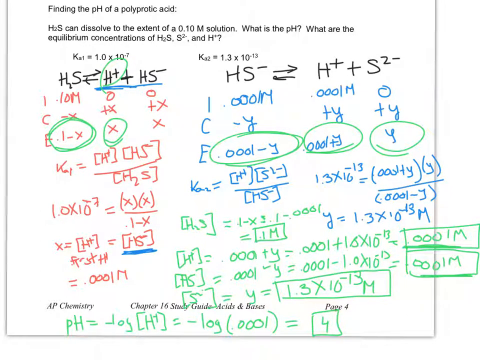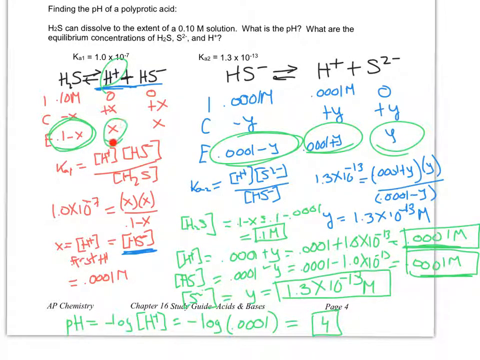Now I want you to take a look at our answers here. So our concentrations, and then our pH. Which of these could we have just answered from the first ICE chart? Let's look. H2S, 0.1 minus X. Yep, I could have answered that.